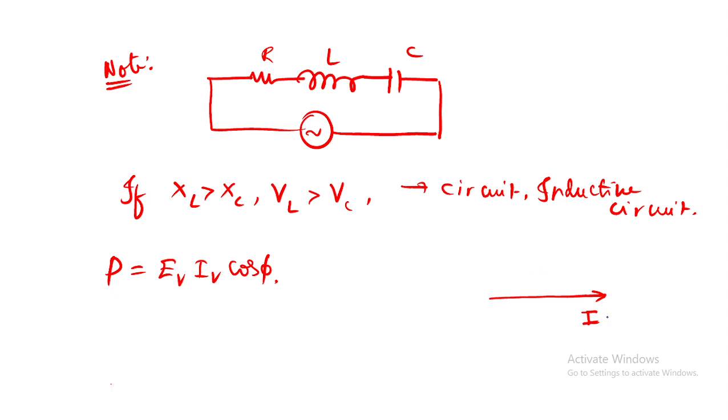This is your virtual current, and I will divide it like this, because here this is E virtual. Now it is rotating within which angle here? Phi angle. This is E inductance and this is E capacitance, yes or no?